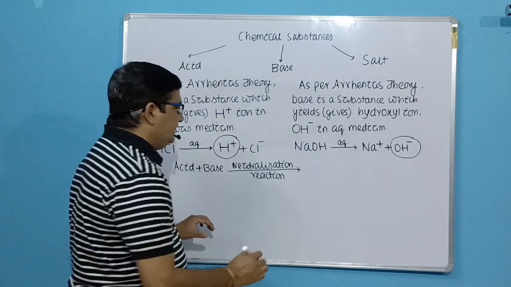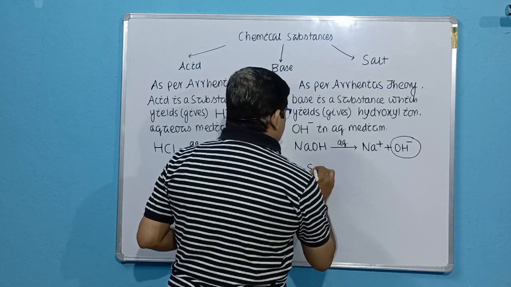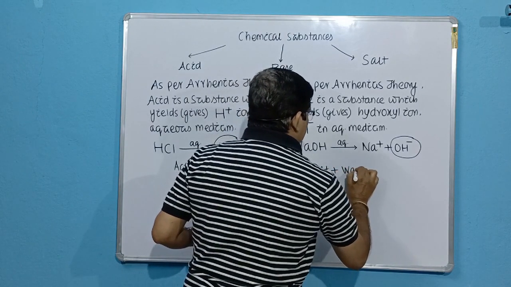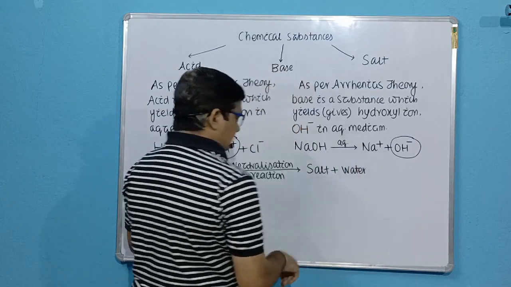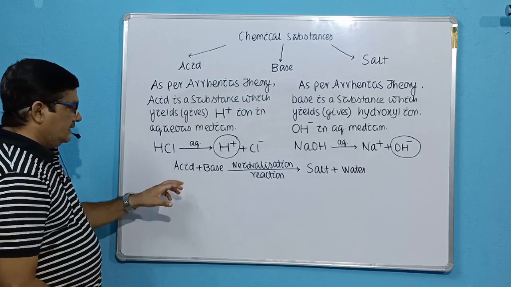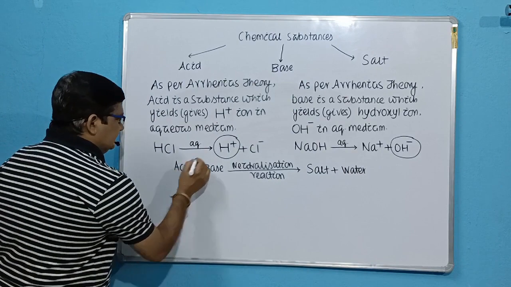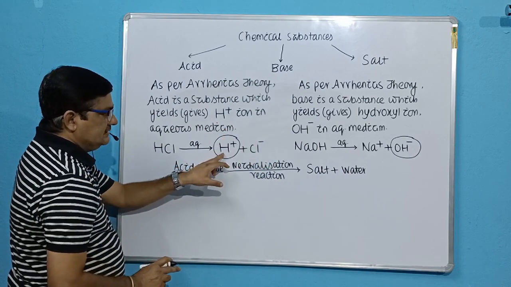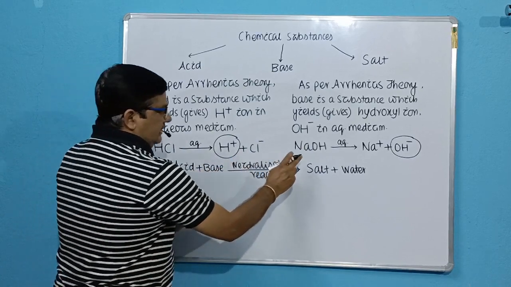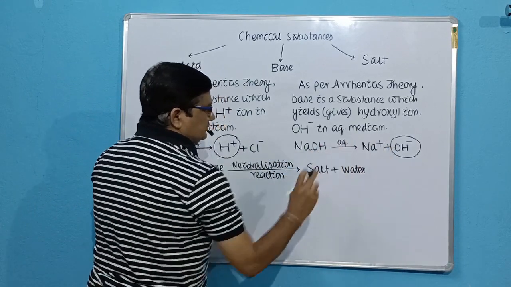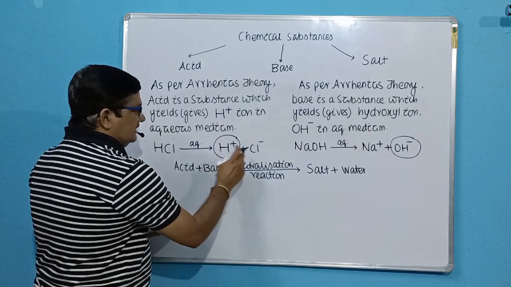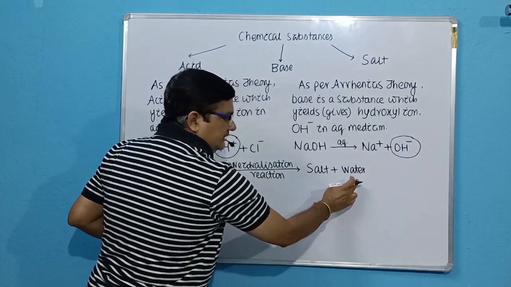When acid and base combine, we get salt plus water. Why? Suppose we add HCl and NaOH. HCl is ionized to form H plus and Cl minus. NaOH is ionized to give Na plus and OH minus. Then H plus and OH minus combine to form water.